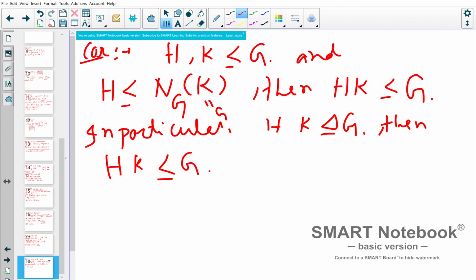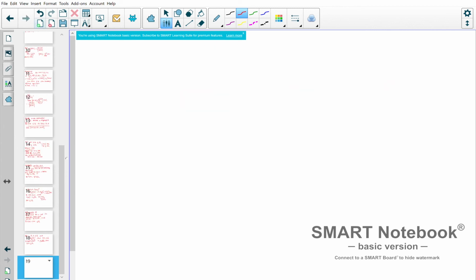If K is normal, then you choose any subgroup H and this is always true. So now, how do we prove this kind of corollary? The proof is also simple. So let us prove it.